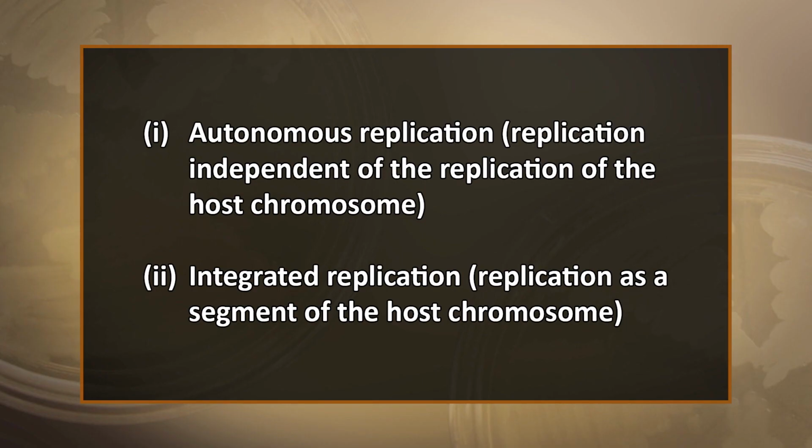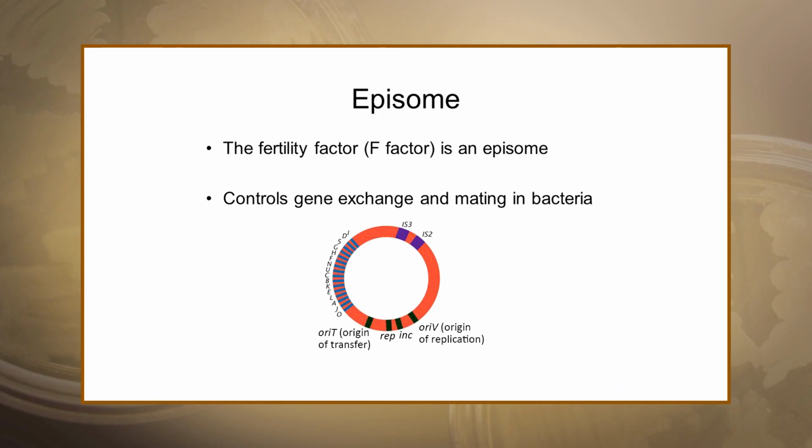The chromosomes of temperate phages of this type are thus capable of both autonomous replication, that is, replication independent of the replication of the host chromosome, and integrated replication, that is, replication as a segment of the host chromosome. As such, they are examples of genetic elements called episomes.